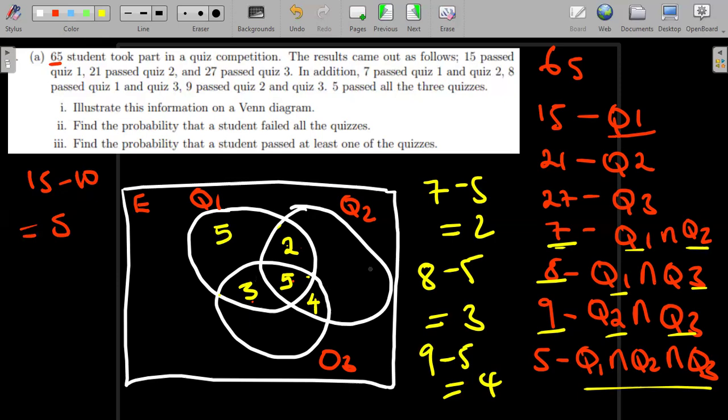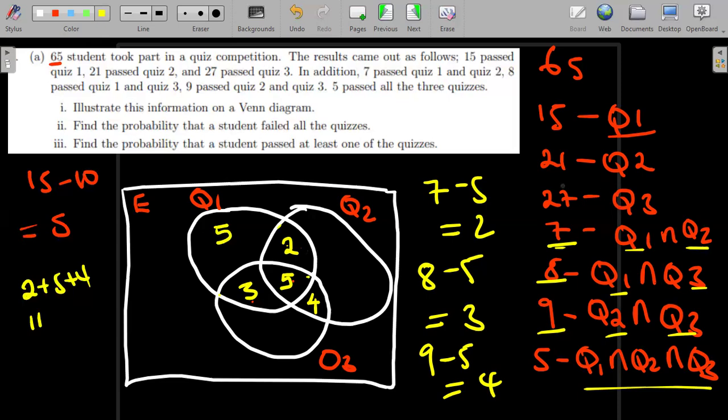Then we go on, we do the same for quiz 2 to check how many passed quiz 2 only. So we have to add 2 plus 5 plus 4. And this is going to give us 11. Then how many took part in quiz 2?